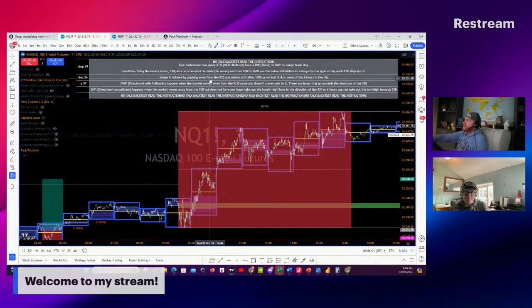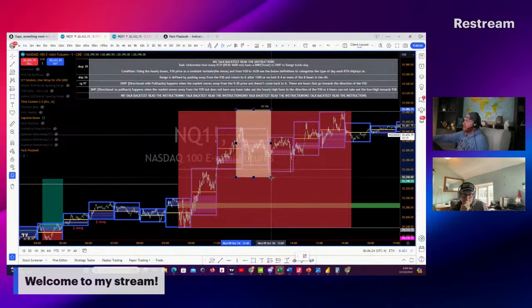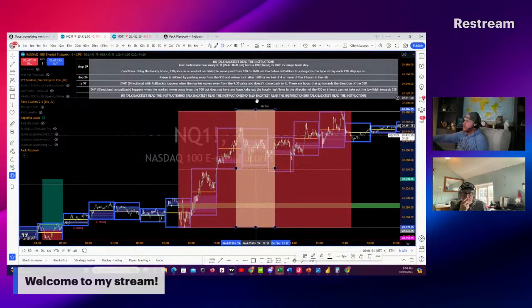Range is defined by pushing away from the 9:30 green box and returning to it after 12 o'clock, the hourly 12, or if we test it for 4 or more hours, right? So that means between 11:45 and 13:15 we made a reversal and we're coming back down to the 9:30 price.